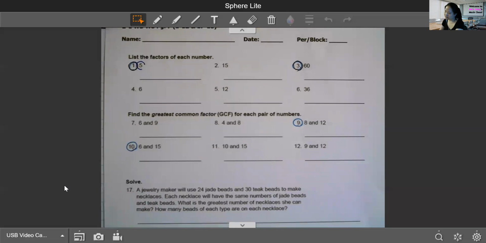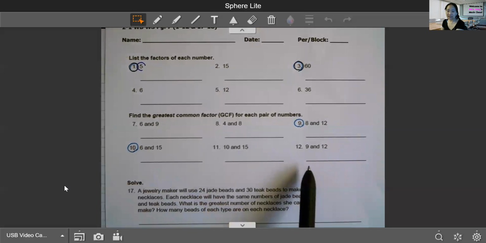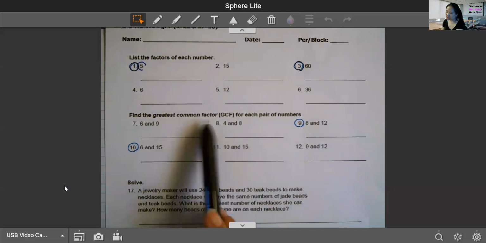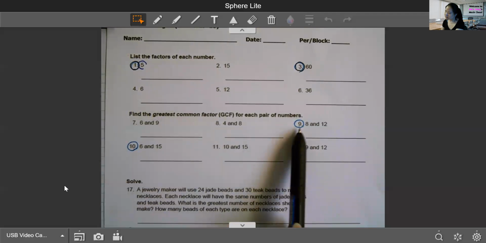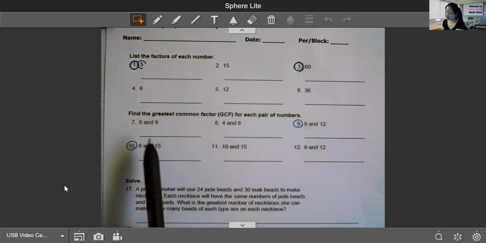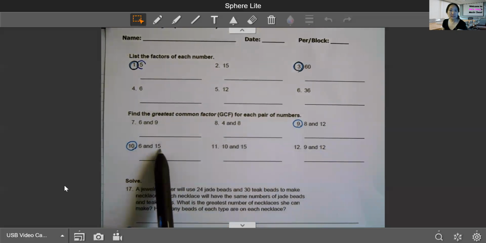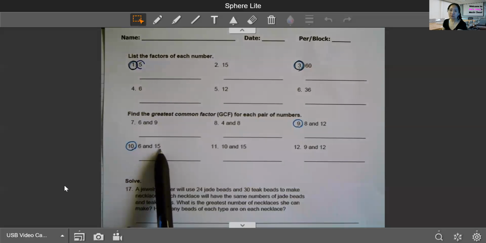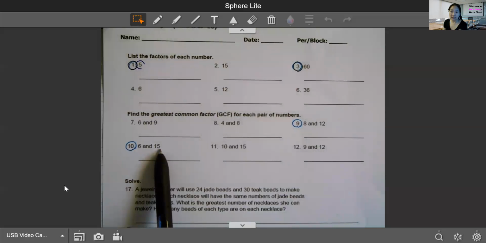So over here, 7 through 12, it says find the greatest common factor for each pair of numbers. I'm going to find the greatest common factor of 8 and 12 and 6 and 15 using the ladder method, or we also call it the step diagram method, or the upside down cake method.